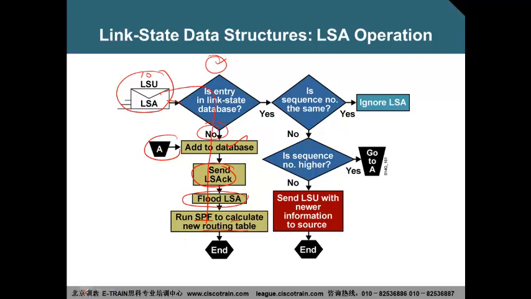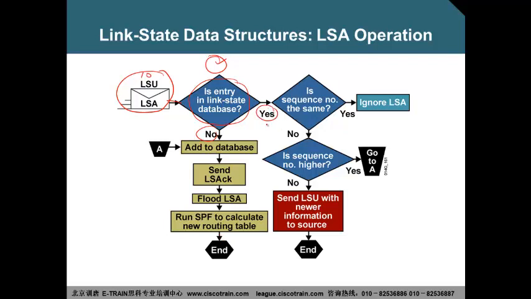Yes, this is clear. What if it is no? It is checking whether my database has any entry. When it is no, we saw what will happen. What if I already have some entry?